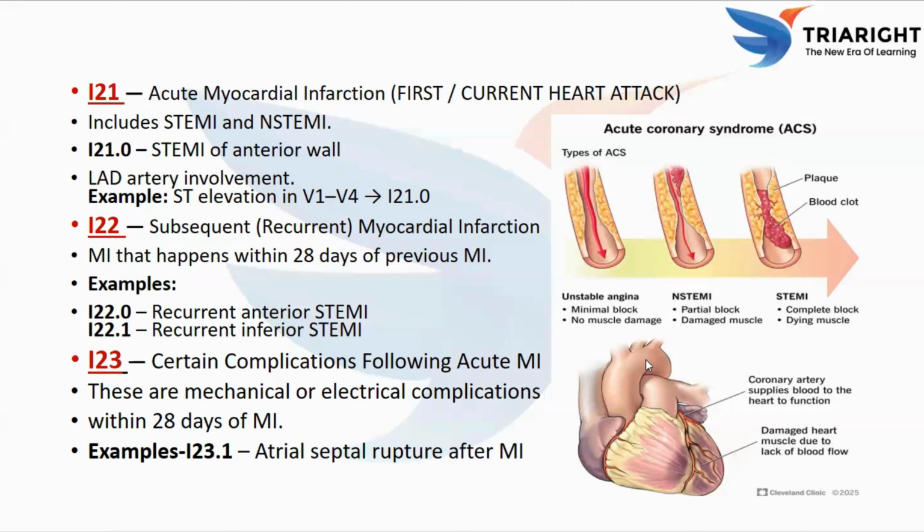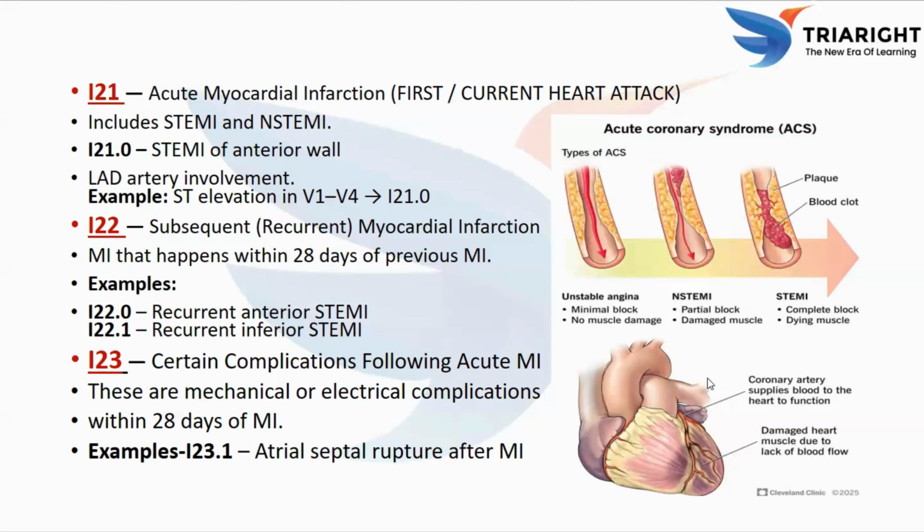On the right side, you can see the picture of acute coronary syndrome at the top and the damaged heart muscle below. The top picture shows the progression of the coronary blockage and its clinical forms. Unstable angina is a minimal blockage, blood flow is reduced, but there is no muscle death.